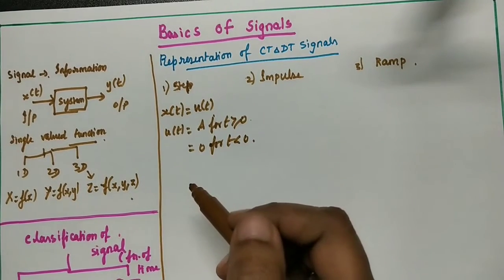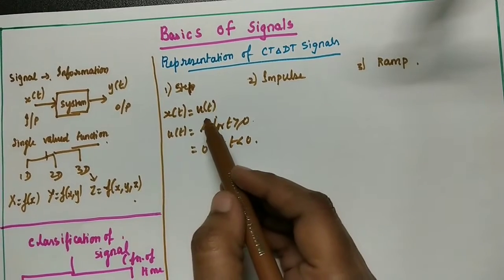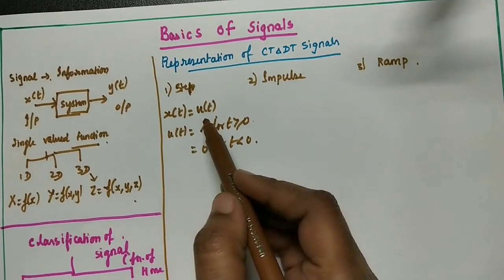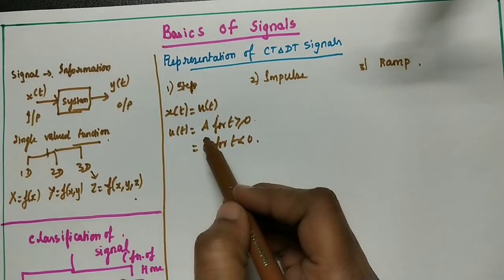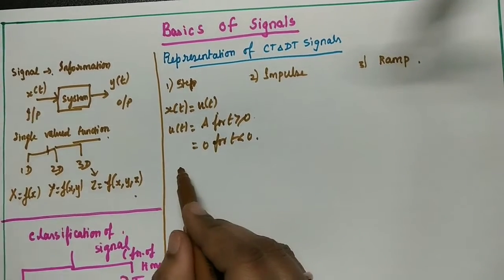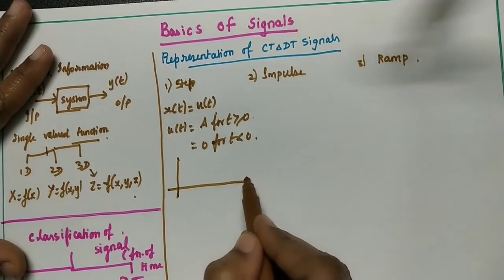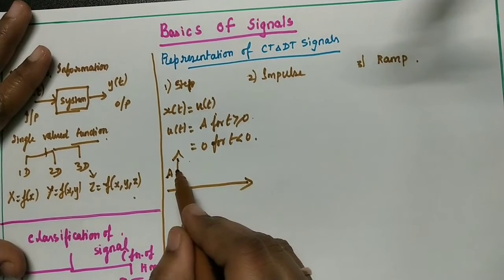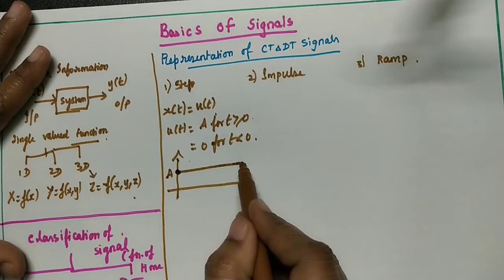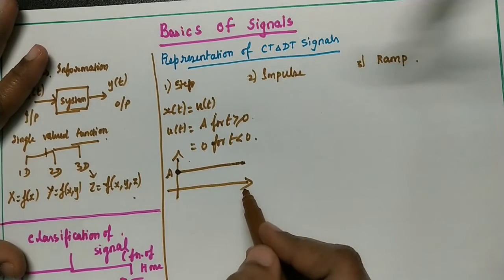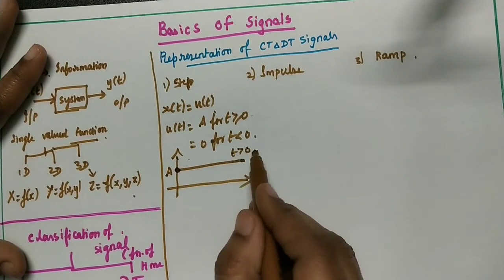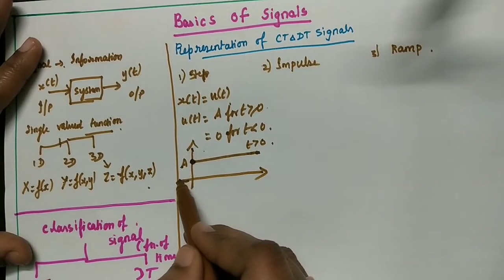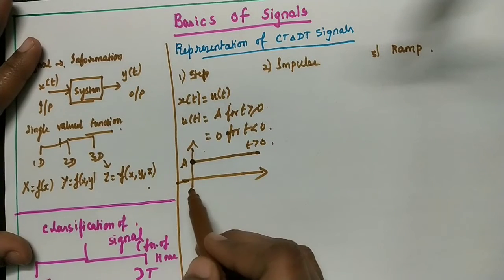So this is a step signal. The amplitude will be a for all time when t is greater than or equal to 0, and the function equals 0 otherwise.